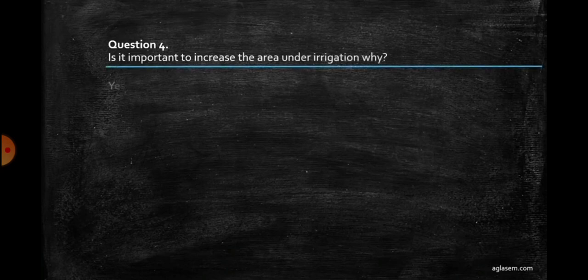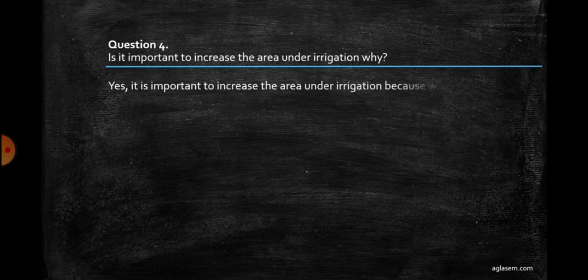Our next question is: is it important to increase the area under irrigation? Why? Yes, it is important to increase the area under irrigation because water is very essential for agriculture.